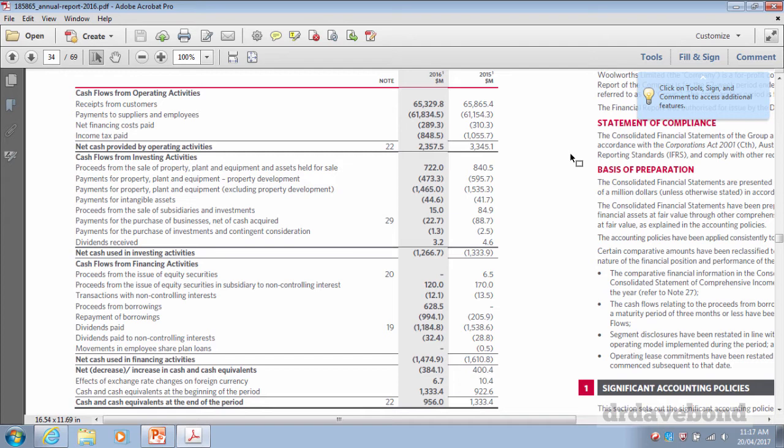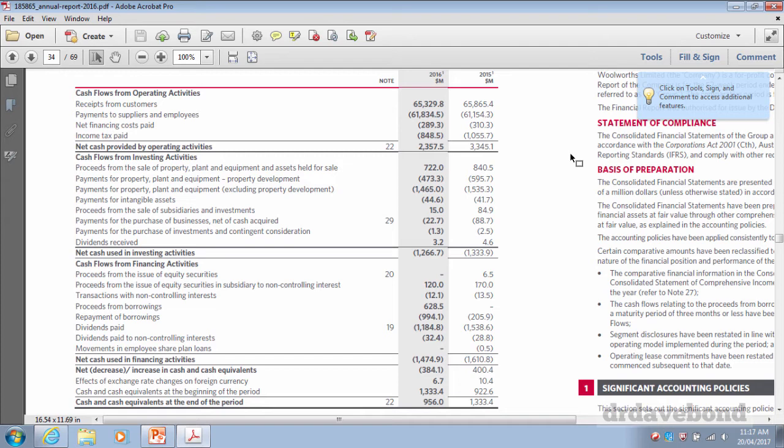When we come down to investing activities, what we're interested in is non-current assets, buying and selling non-current assets. Now, there's a lot more detail in here than we are ever going to have to deal with in this subject.